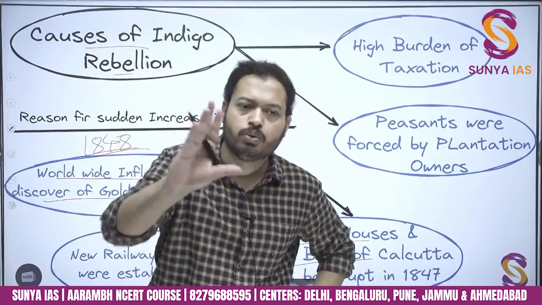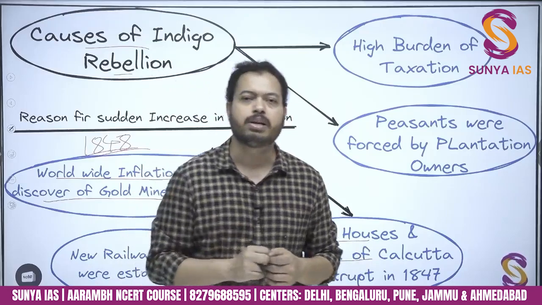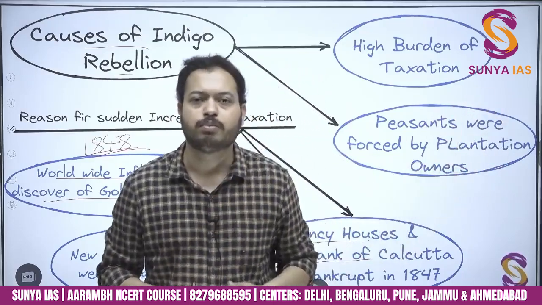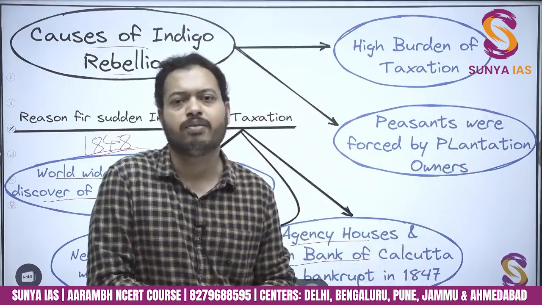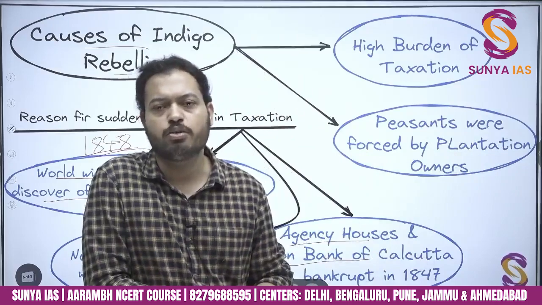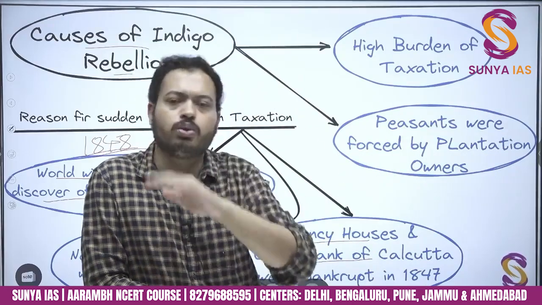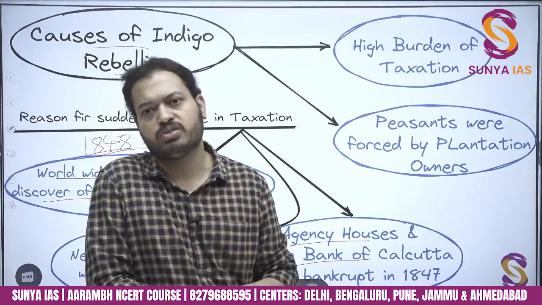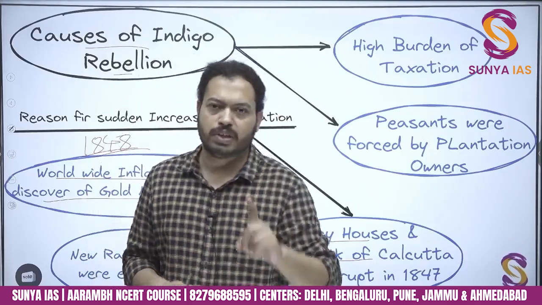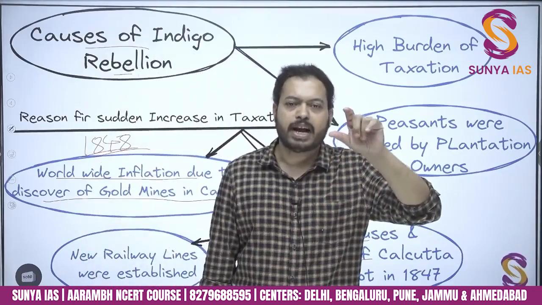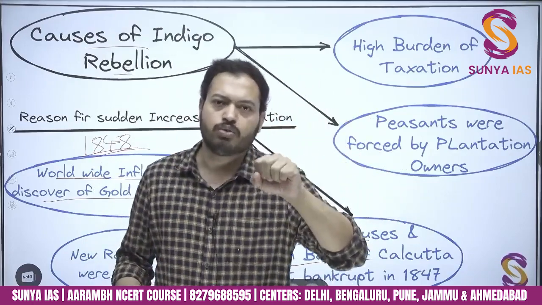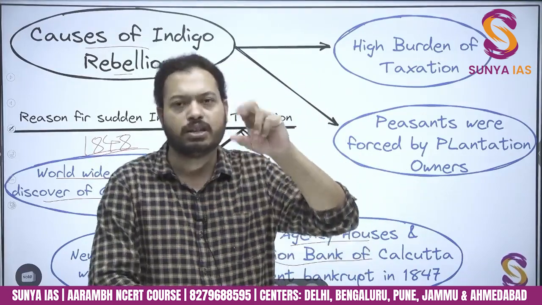So you have to keep this in mind: the people who were earlier easily available to work in the indigo plantations were now going to Calcutta and Chittagong using these trains. So first, the rate at which they were able to raise loans from the international market increased.